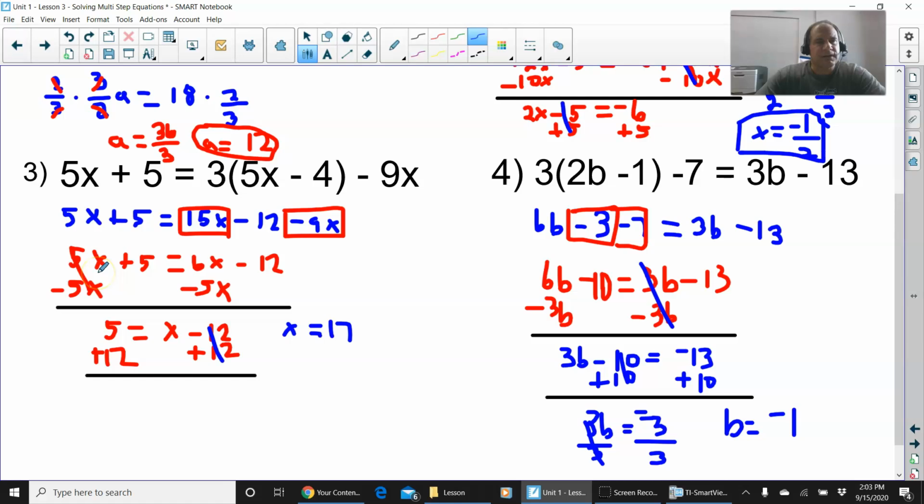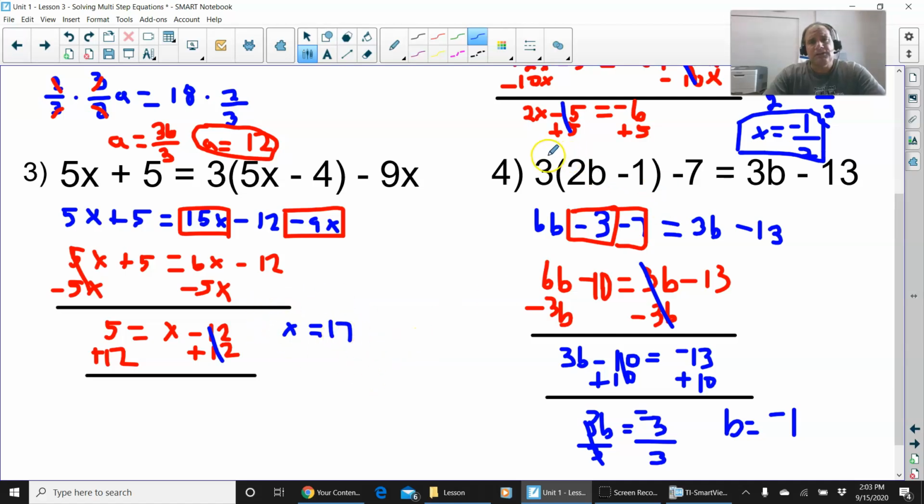Bring down that equal sign, and you have combined like terms. You have 15x minus 9x on the same side, so that's 6x. Right. So you have 5x plus 5 equals 6x minus 12. Subtract 5x on both sides. You get x on this side minus 12 equals 5. Plus 12 on both sides, you have x equals 17.